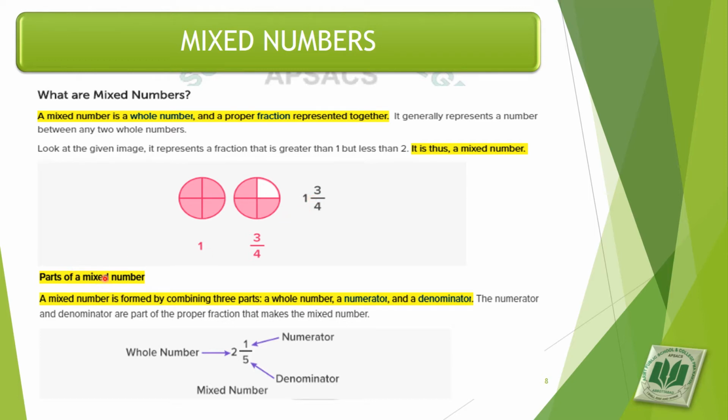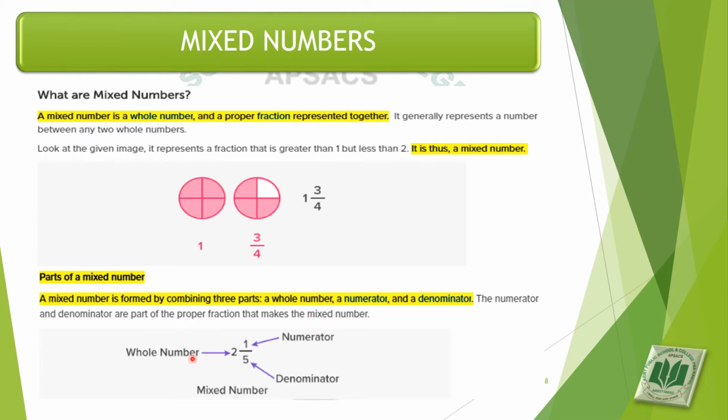What are parts of a mixed number? A mixed number is formed by combining three parts: a whole number, a numerator, and a denominator. The numerator and denominator are part of the proper fraction that makes the mixed number.